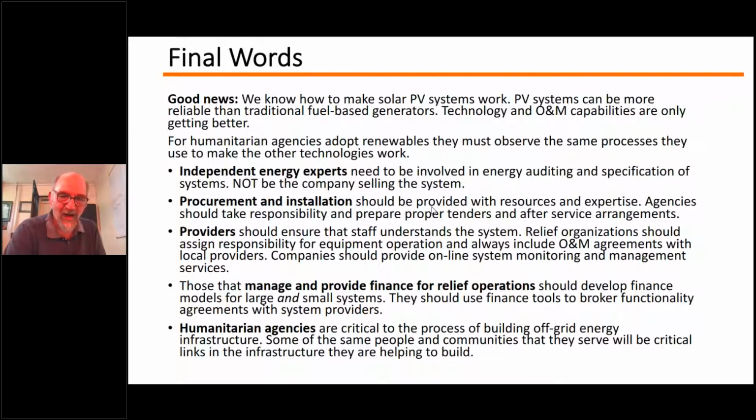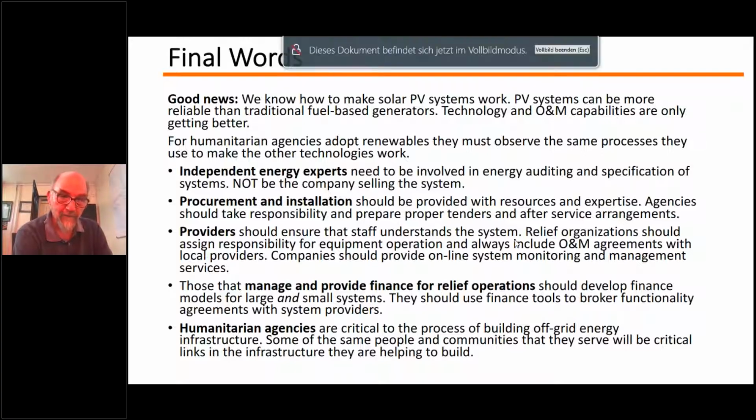The providers should ensure that the staff understands the system, and there needs to be agreements. Those that manage and provide finance for relief operations should develop finance models for large systems, and humanitarian agencies are critical in the process of building off-grid energy infrastructure for the community as well.